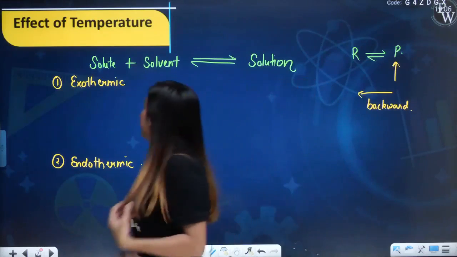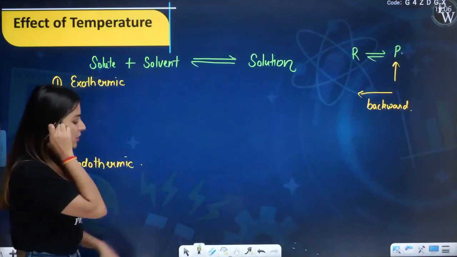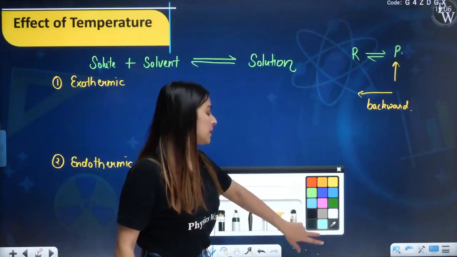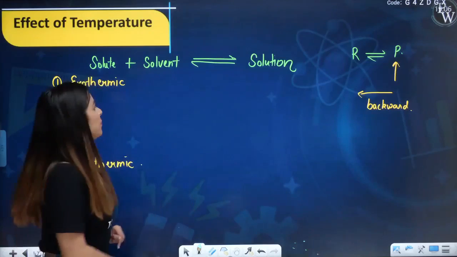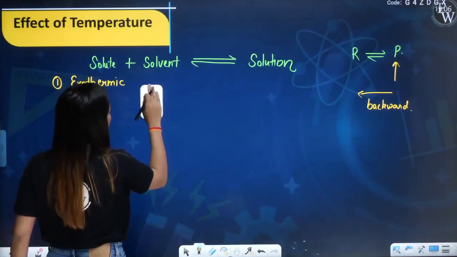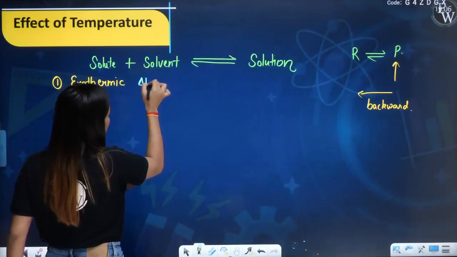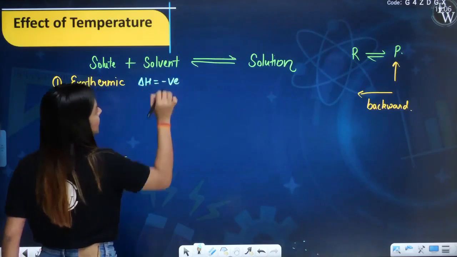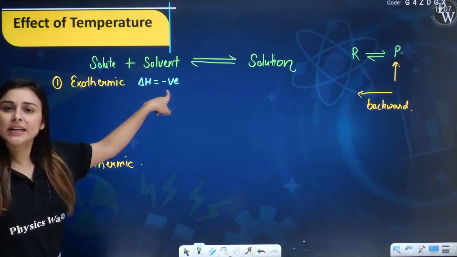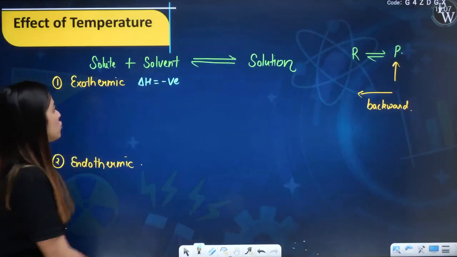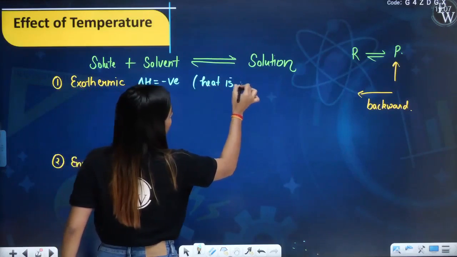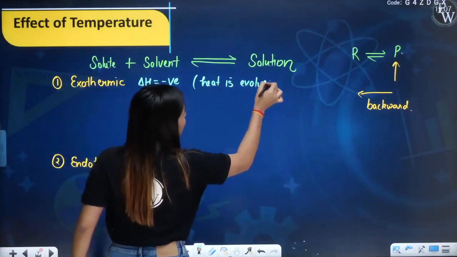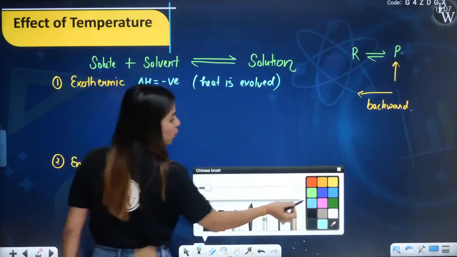Okay, if I talk about exothermic, what does exothermic mean? Ma'am, exothermic means that heat is evolved. Okay, so I'll write heat. First I'll write delta H here. Sign is actually negative. Okay, and now my dear students, in this case heat is evolved. Now if heat is evolved in a reaction, then what will happen?